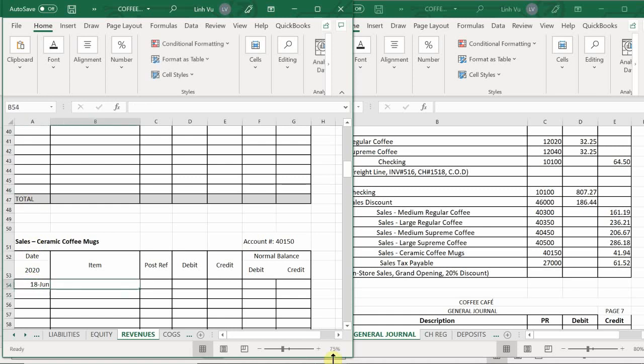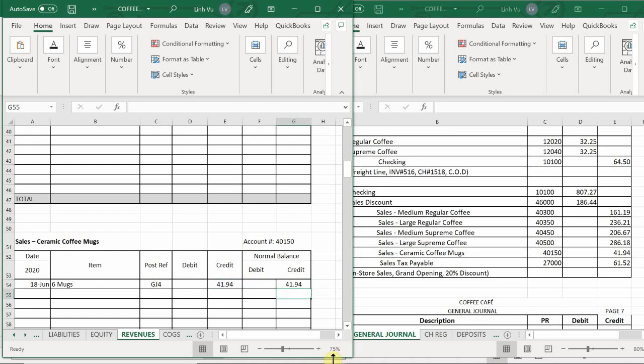We sell each 6. 6 cups, right? Okay. $41.94. $41.94. Okay.